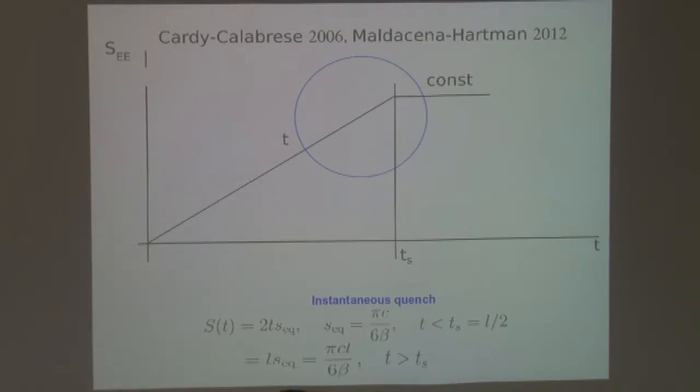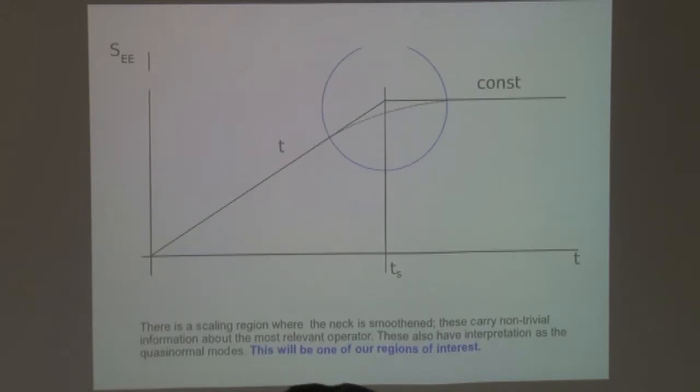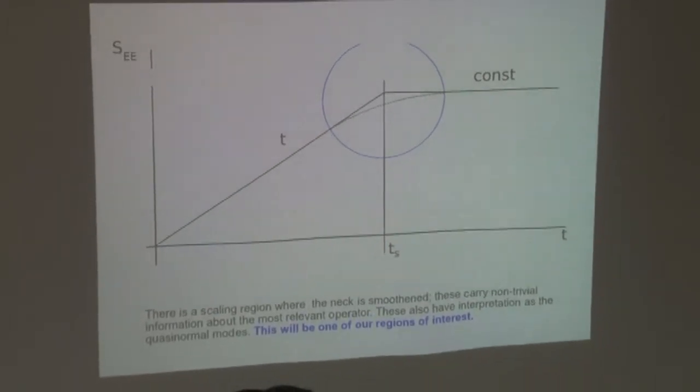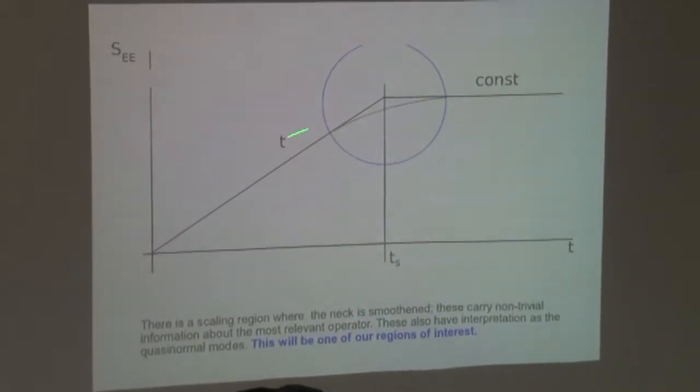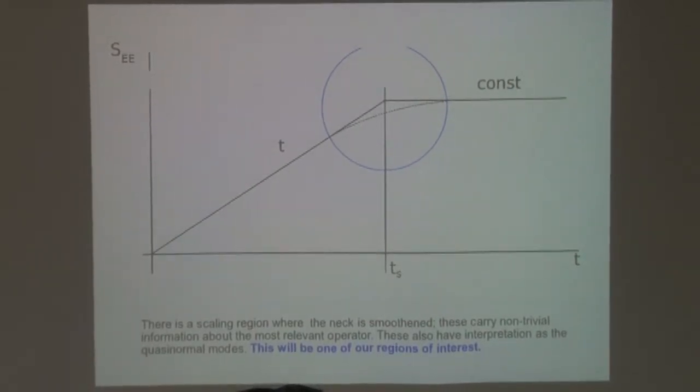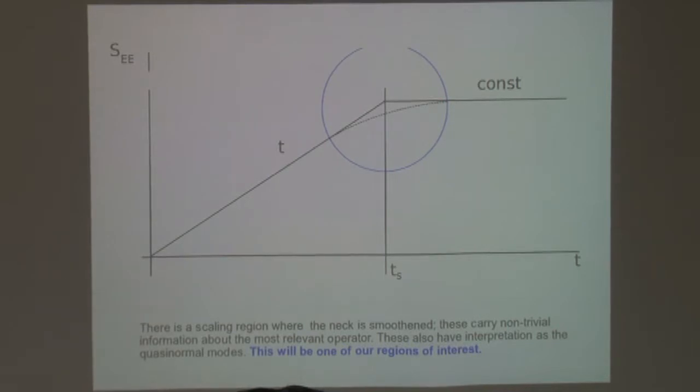So this is the picture, but if you look at the CFT behavior closely, then you will actually see that in a small region around the neck, there is actually some smooth joining between these two lines, and there is some exponential formula which joins these, and this will be one of our regions of interest here.